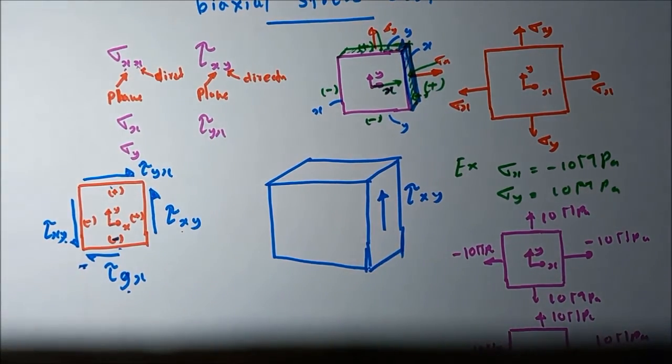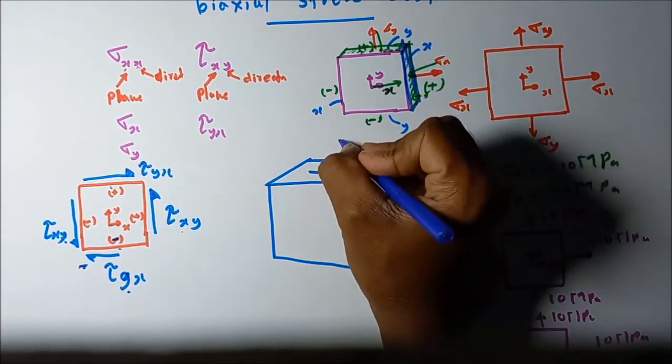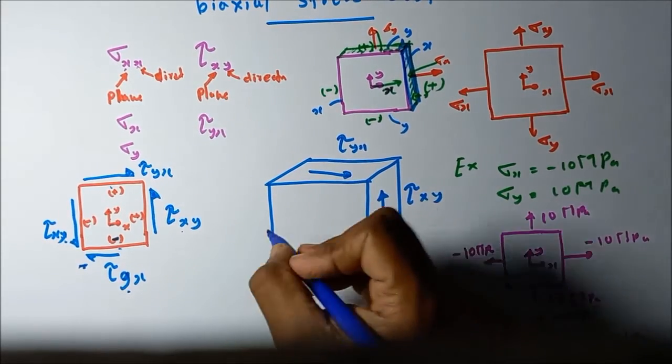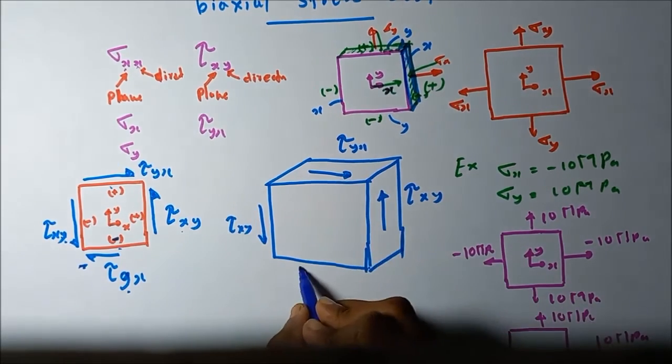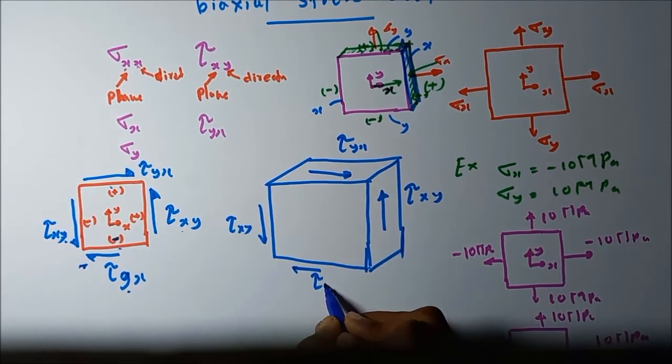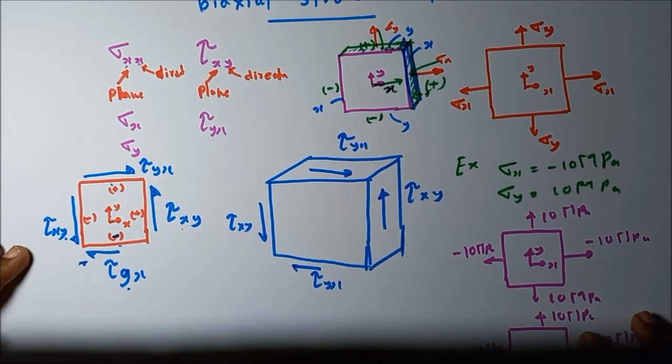Then here also we can mark that one, tau yx, then here tau xy, tau yx.